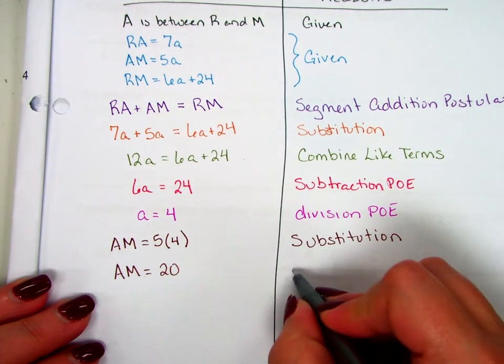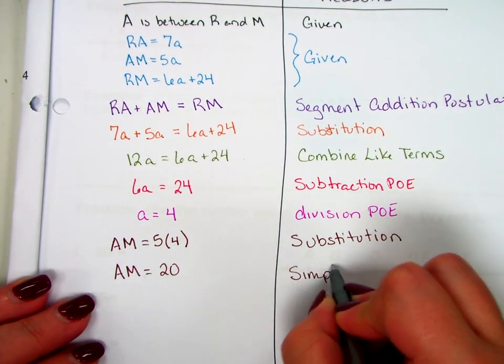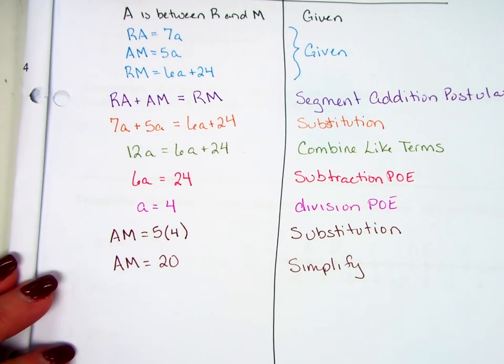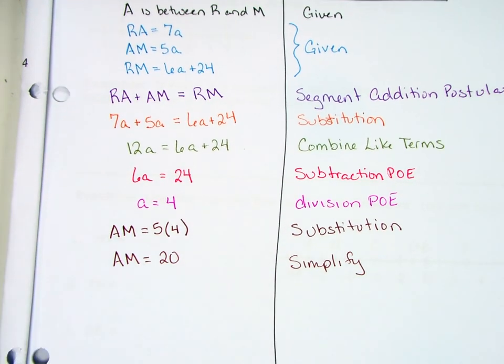Simplify. Yeah, simplify when we do that multiplication. That way we don't get it confused with the multiplication property of equality that says multiply on both sides, because we were only multiplying that 5 times 4 on the one side.